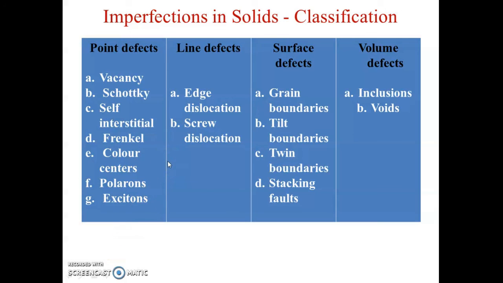The one-dimensional defect, line defect, may occur in two types, edge dislocation and screw dislocation. And the two-dimensional defect, surface defect, can be of four different types: grain boundaries, tilt boundaries, twin boundaries, stacking faults. And the three-dimensional volume defect can be of the type inclusions or voids.